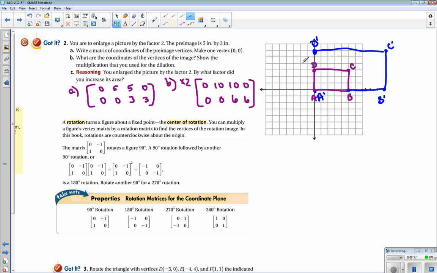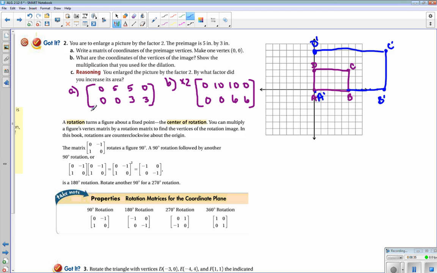What are the coordinates of the vertices of the image? Show the multiplication that you used for the dilation. You enlarged the picture by a factor of 2. What factor did you increase its area by?